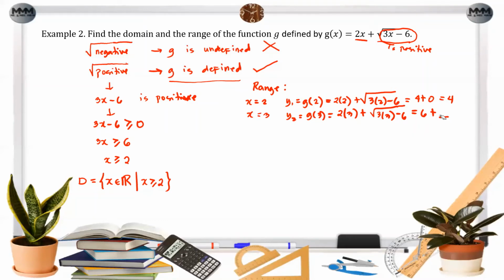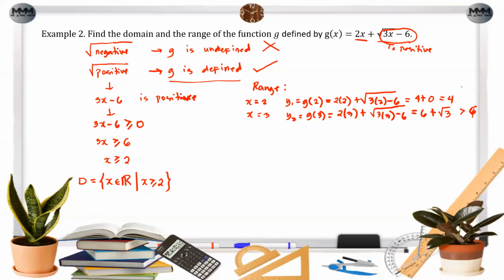We know that the square root of 3 is greater than 0, so it is obvious that this is greater than 6. 6 plus the square root of 3 is 1 point something, so greater than 6. As you can see, as we substitute the values of x from 2 and numbers greater than 2, the values of y are greater than or equal to 4. So it starts from 4 going up.